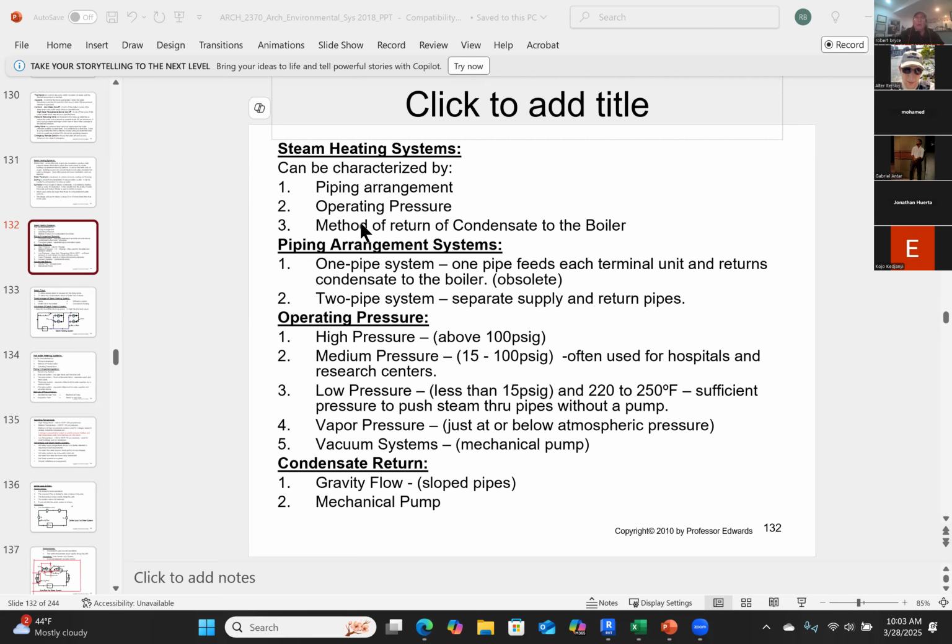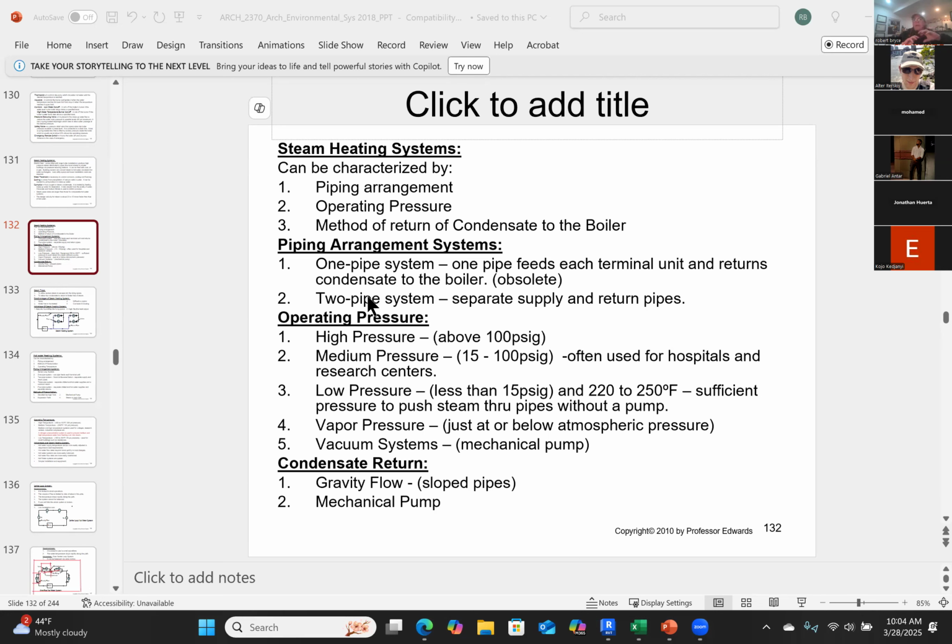So the piping arrangement, we have either a one pipe or a two pipe system. The one pipe system, I have some illustration of that shortly in the slideshow here, but it feeds the terminal unit, and it also returns the condensate back to the boiler. That's a one pipe system. It's very rarely used in steam systems. And the two pipe system is that there's literally two different, unique, separate piping systems.